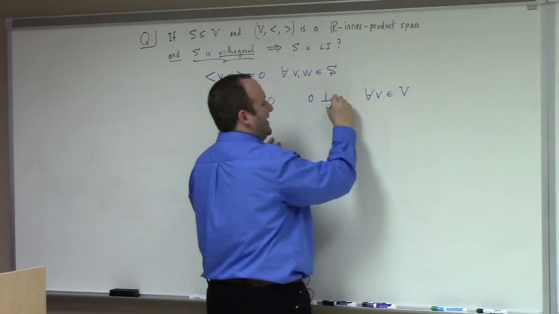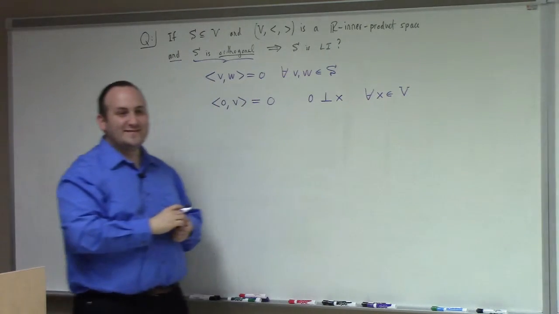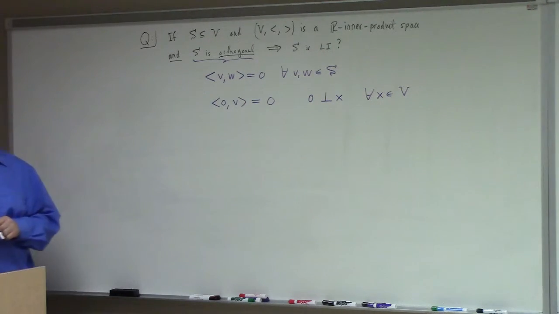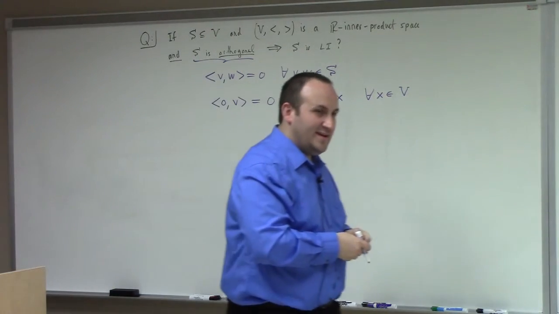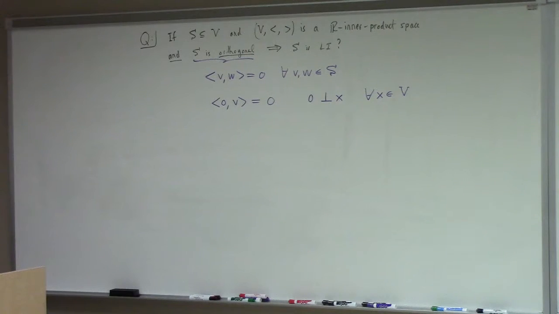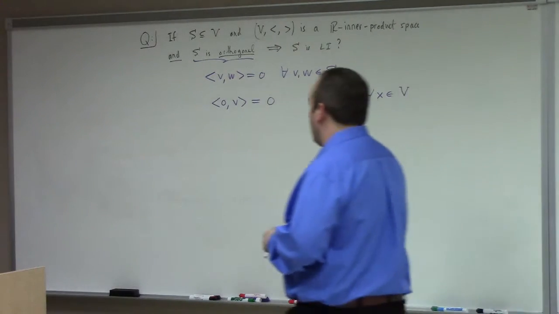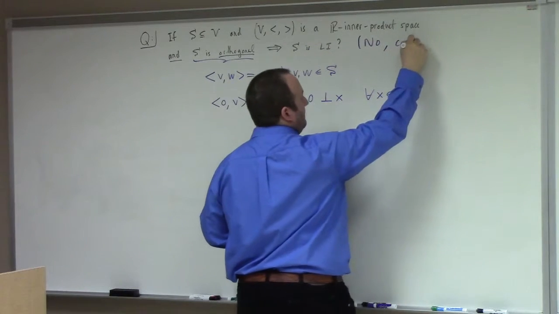Or let me state it with x. See, the 0 vector is perpendicular to all vectors. It's orthogonal to all vectors. So orthogonality of a set does not rule out the existence of 0 in there. And if 0 is in the set, by golly, it's surely not linearly independent, right? All it takes is one 0 in your set and you're linearly dependent, right? So no. Could have 0, right?